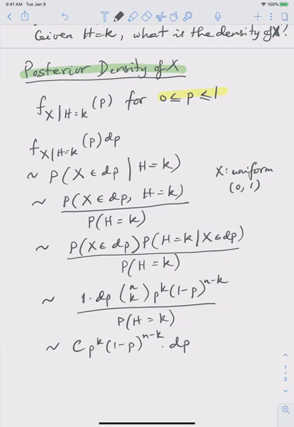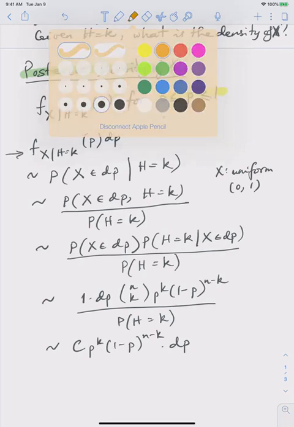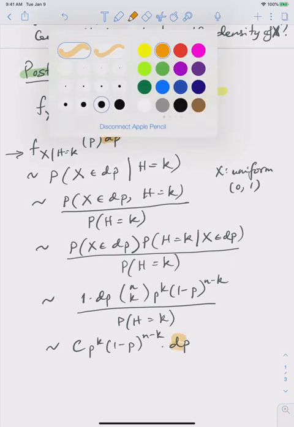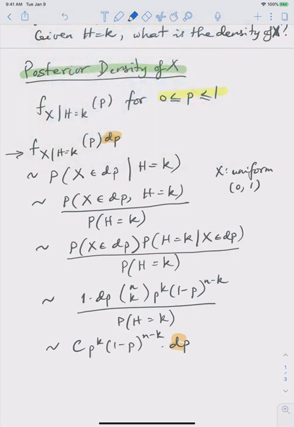And so where did I start? I started here, and here was my density dp. This is what I'm trying to find, and I have all of this.